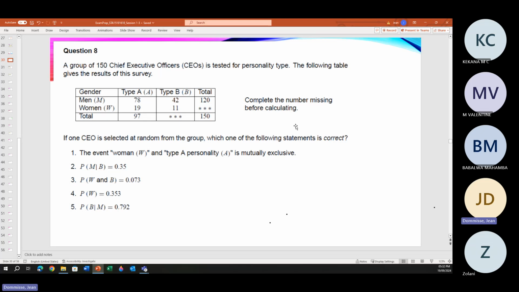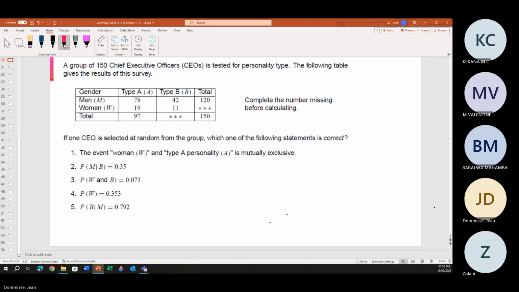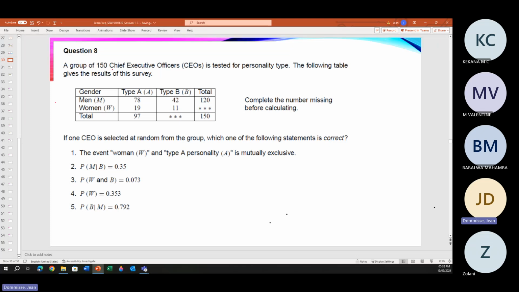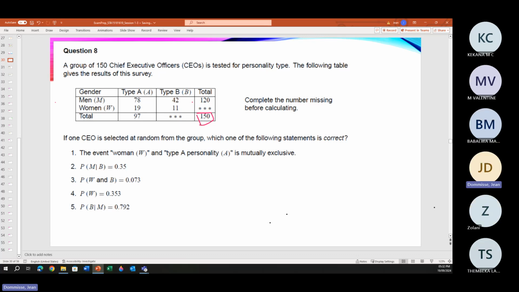So in this one, they tell us that a group of 150, so they give us the total, CEOs is tested for personality type.